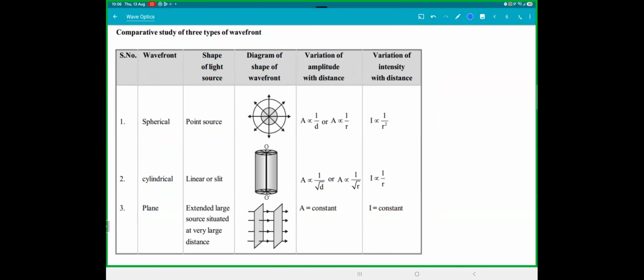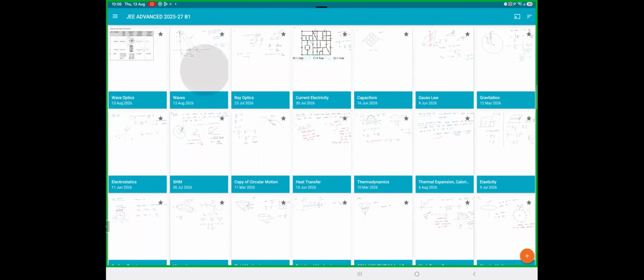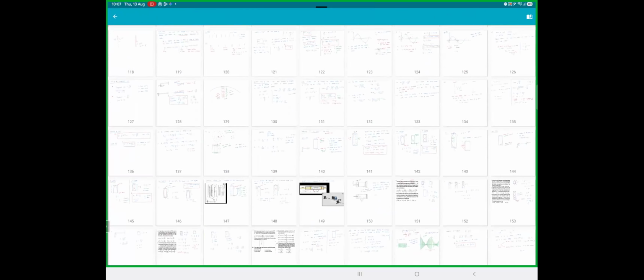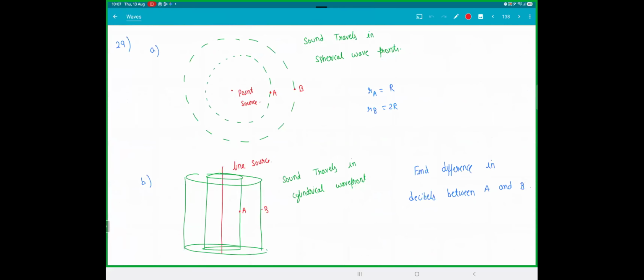We get spherical wavefronts. If you have a line source, we get a cylindrical wavefront. We have done something like this in the decibels question, if you remember. Sound is traveling from a point source, sound is traveling in a cylindrical wavefront.